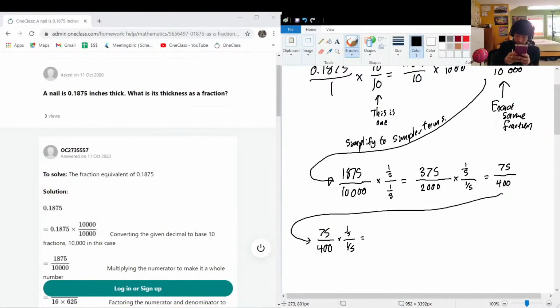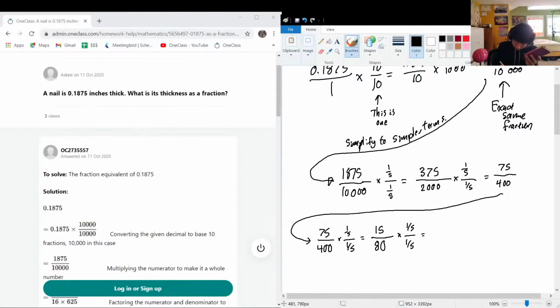So we got 75 over 400 times 1 over 5 over 1 over 5. 75 divided by 5 is 3. Nope, is 15. I'm tripping. 15 over 400 divided by 5, and I'm pretty sure that's 80. Yep, absolutely, that's 80. And then one more time, we can divide the top and bottom by 5.